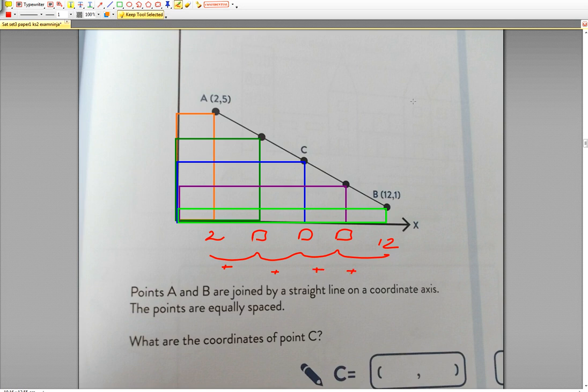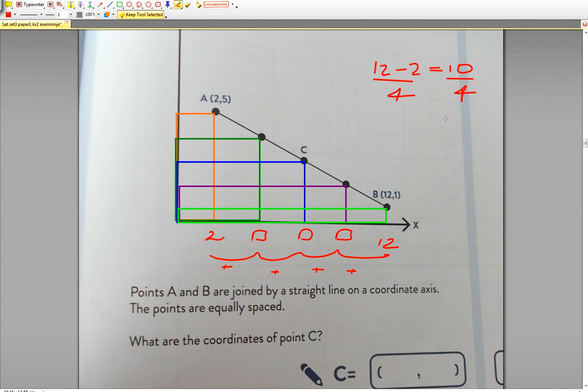So what's 12 minus 2 first of all? 12 minus 2 is 10. And then we're going to divide 10 by 4, because we've got 4 gaps. So from 2 to 12 we're going to add 10, in 4 little chunks.